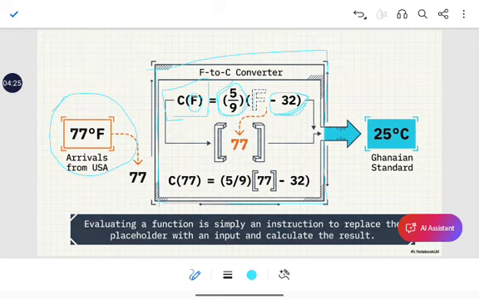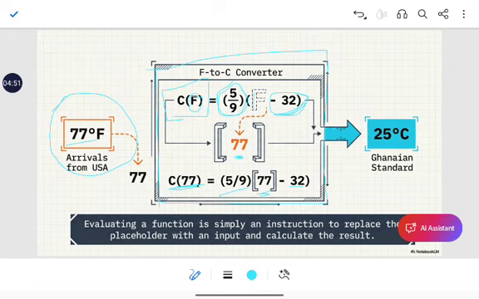So now let's operate it. So we have 77 degrees Fahrenheit. So 77 degrees Fahrenheit is equal to 77 minus 32. That answer that you will get, we multiply it by 5 divided by 9.